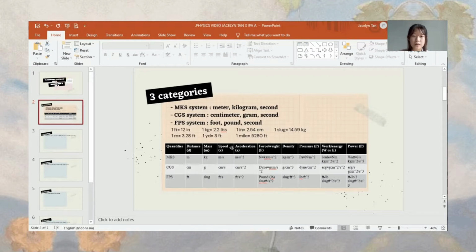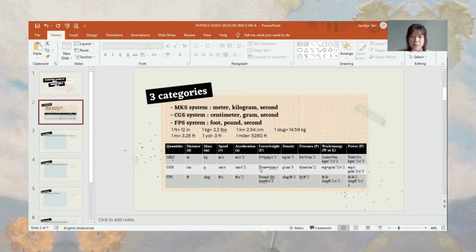So these are the table of distance, mass, speed, acceleration, force or weight, density, pressure, work or energy, and power in the MKS, CGS, and FPS form.